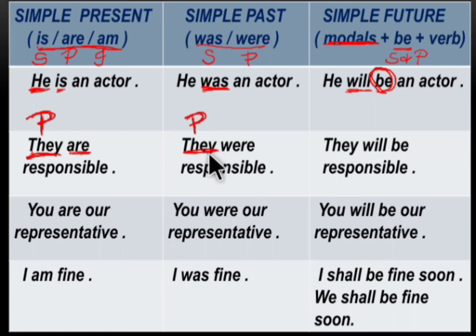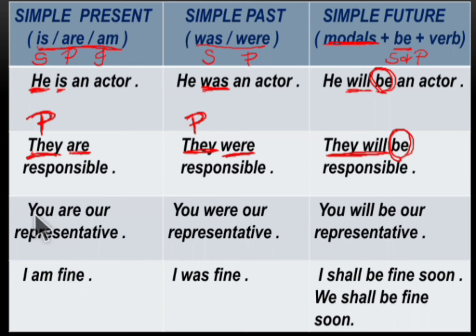So since they is a plural form, we use were, which is the plural verb. And in the future tense, they will be responsible. So they is the third person plural, and will is mandatory in the future tense, and be is the be verb. So they will be responsible. This is the simple future tense.